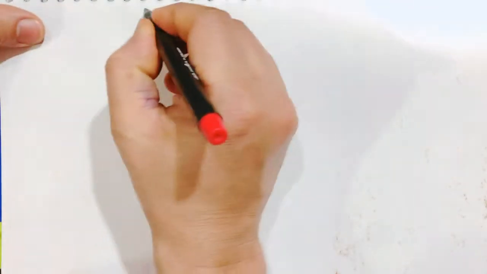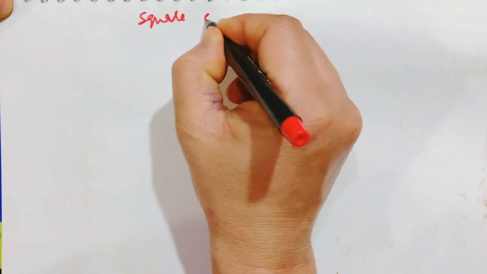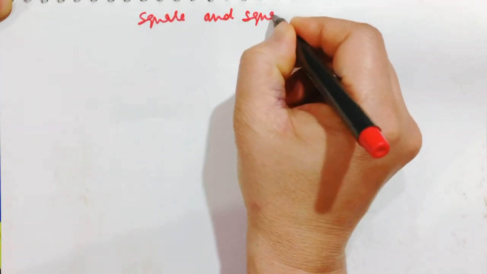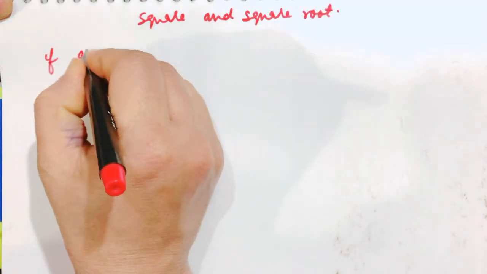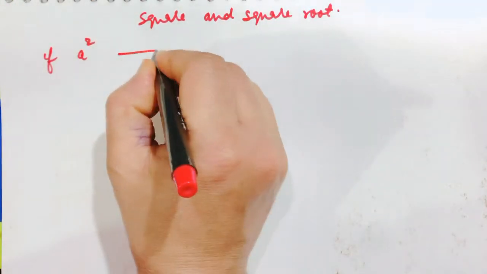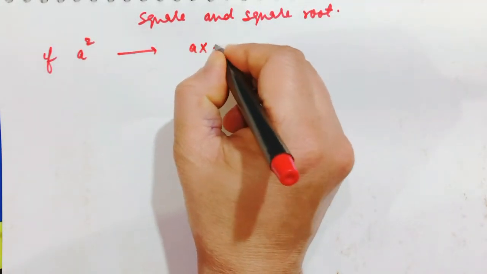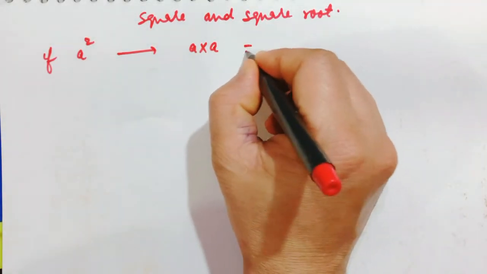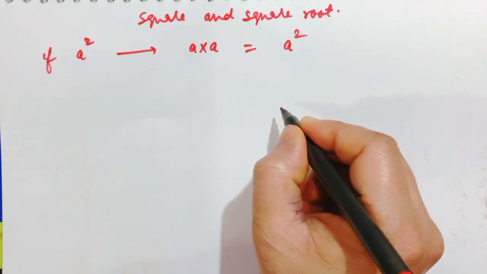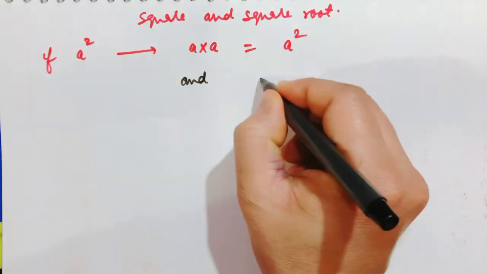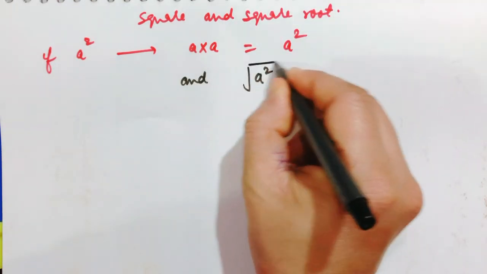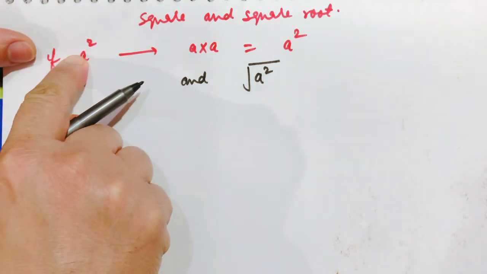Look, there is nothing much in square and square root. Still, what do we do in square and square root? If a square is given, this means this is equal to a into a. So a into a is equal to a square, and if I take the root of this a square, we will get the same number, isn't it?